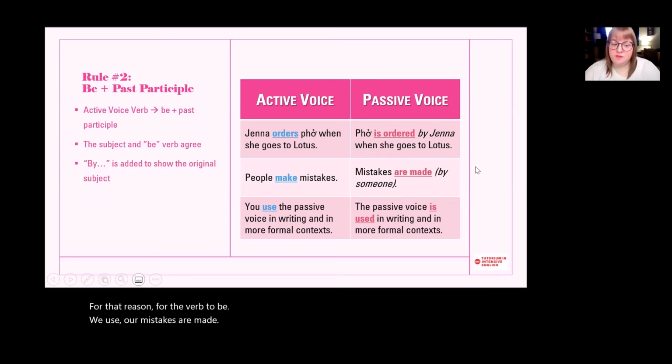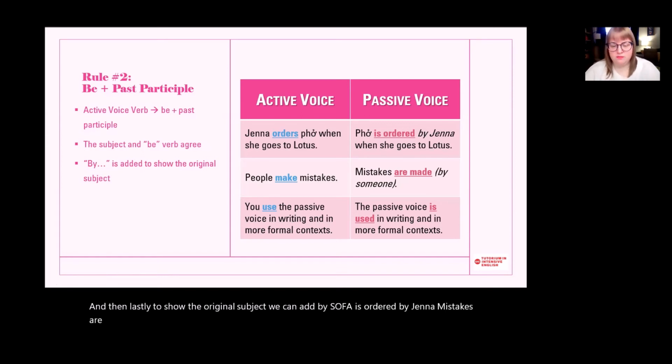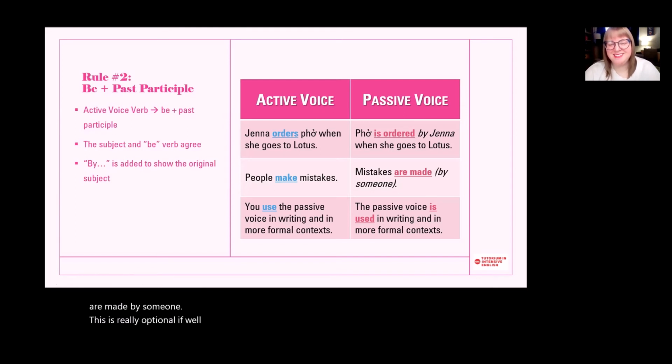And then lastly, to show the original subject, we can add by. So pho is ordered by Jenna. Mistakes are made by someone. This is really optional, we'll talk about that in a second. But as we can see, like I talked about, the verb to be agrees with the subject of the passive voice sentence.